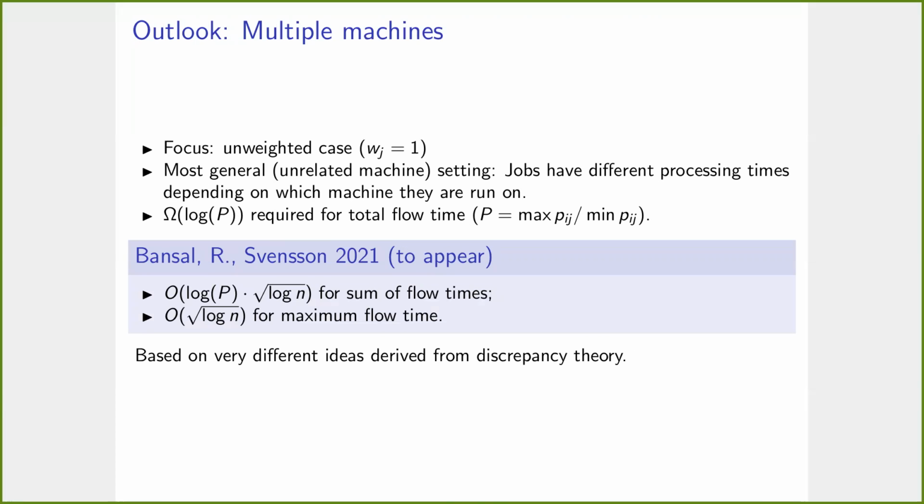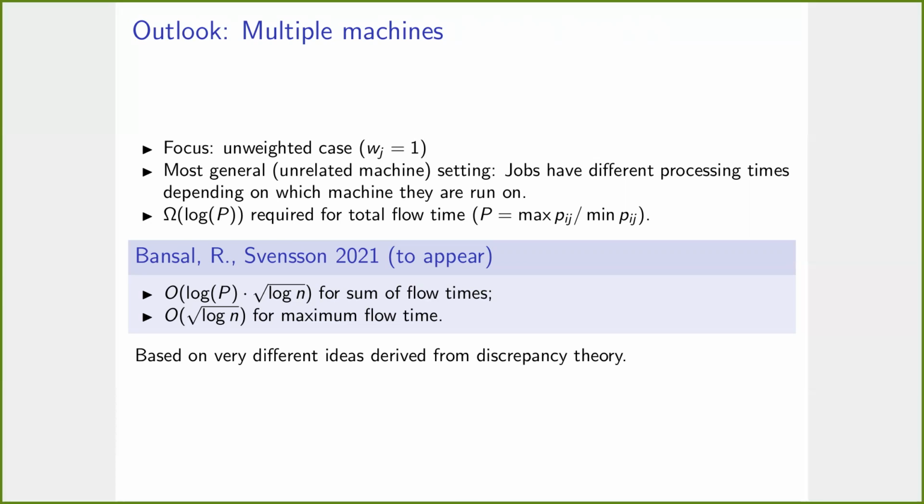So as a final slide, I want to tell you about a little bit of more recent work where, together with Bansal and Svensson, I handled cases of this problem with multiple machines, and this will be the final slide, just stating the result of what will appear soon.